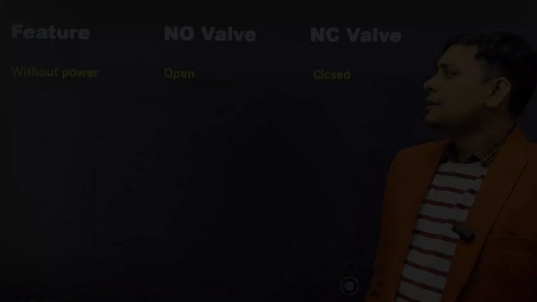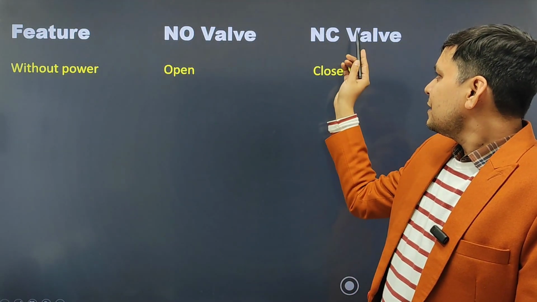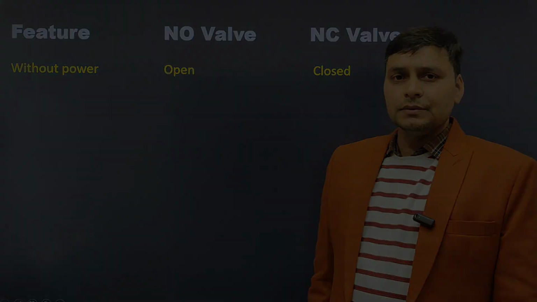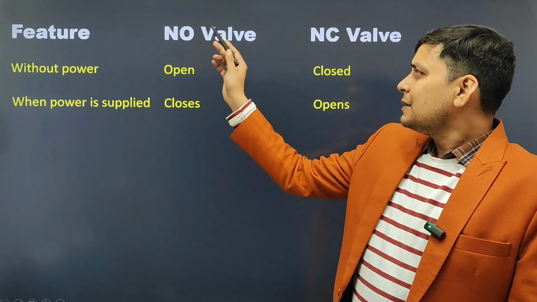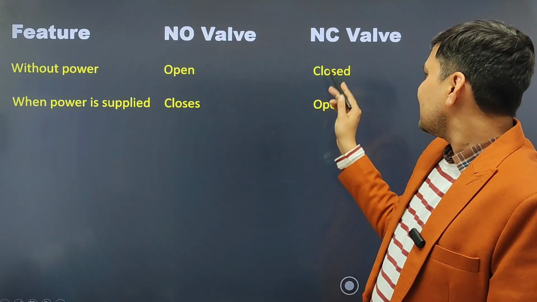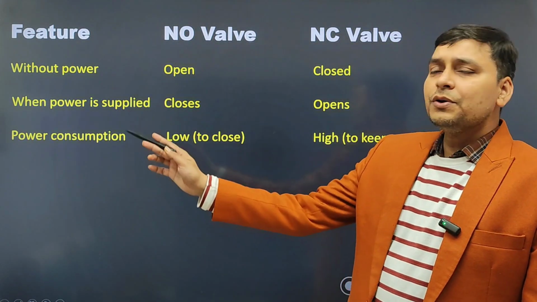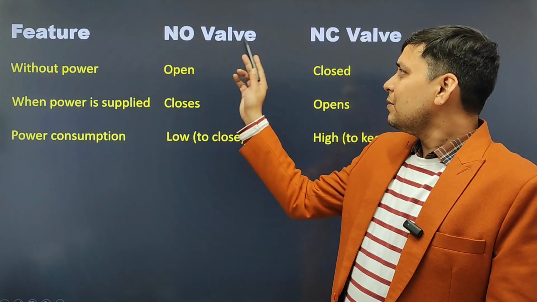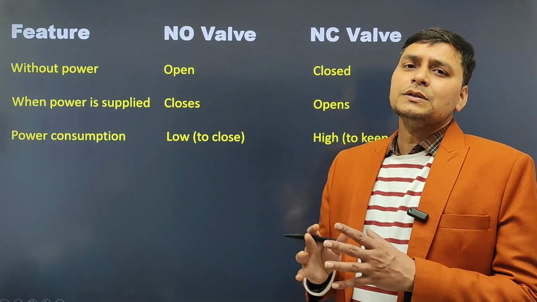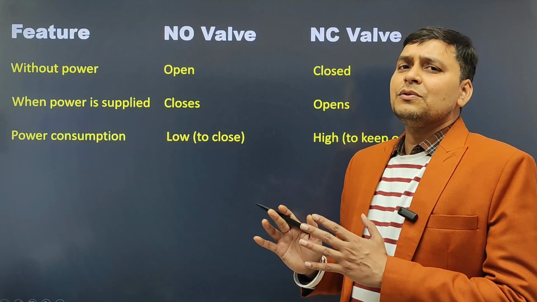Now we will discuss some comparisons between these valves. Without power, the NO valve remains open and the NC valve remains closed. And when the power is applied, the NO valve remains in closed position and the NC valve remains in open position. If we talk about power consumption, the NO valve consumes low power because it remains in open position when the supply is not given.